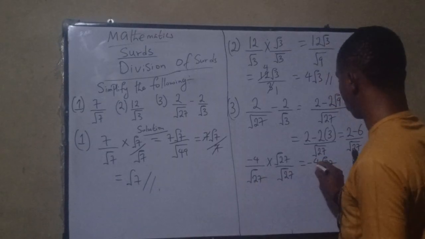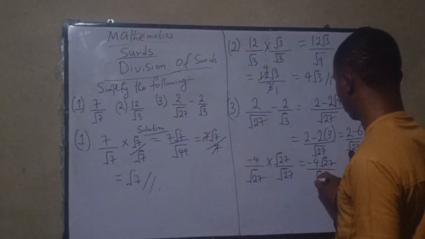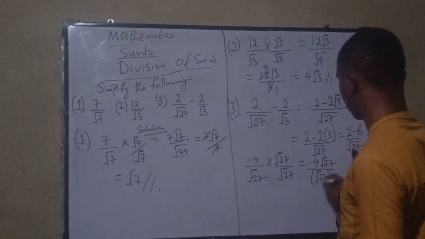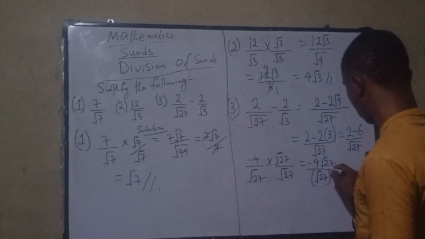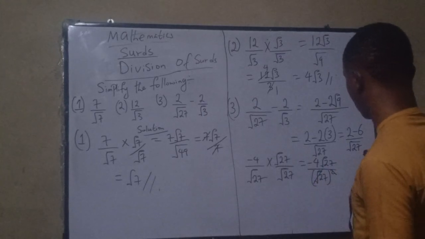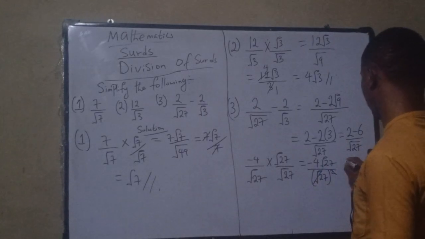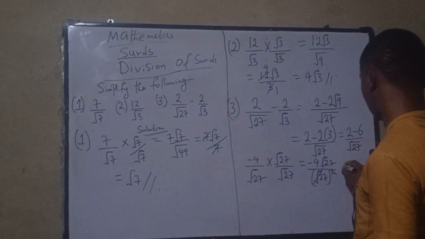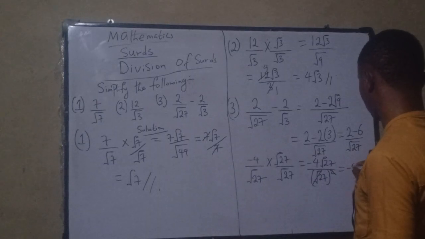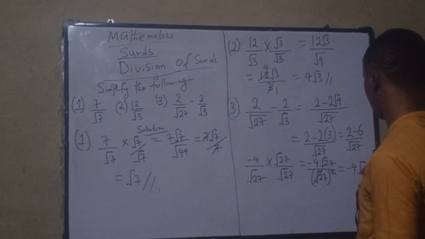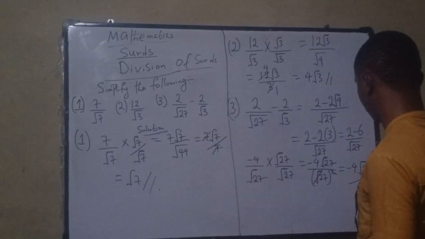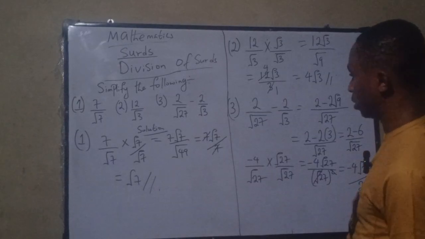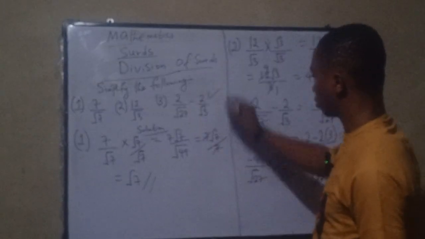Root 27 times root 27 will give you root 27 squared, that is root 27 in two places, so we cancel the square and the square root. So we are now left with minus 4 root 27 all over 27, which gives us the final answer for this question.